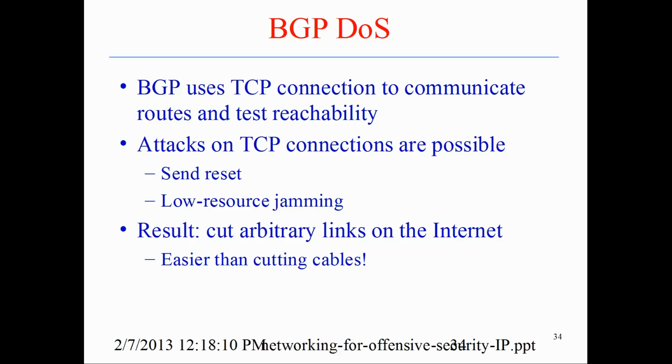BGP is built on top of TCP. You don't normally see BGP updates going over UDP. So any attacks against TCP also apply to BGP, but would really only facilitate a denial of service of BGP updates, which has very limited use that I have trouble imagining scenarios for.